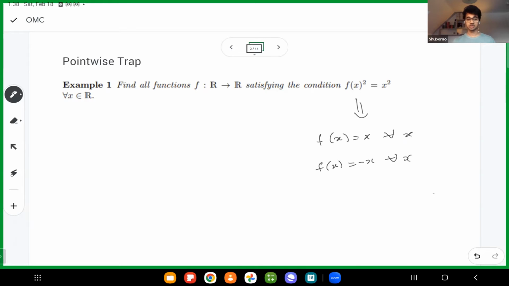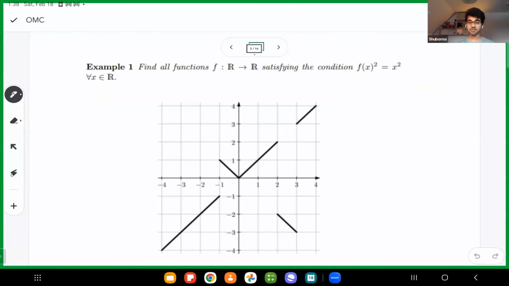I mean, these two are definitely solutions, but definitely it's not all of them. As Pranav said, this only means that f of x is equal to plus or minus x for each x. So you could have something like this. That is also a valid solution.